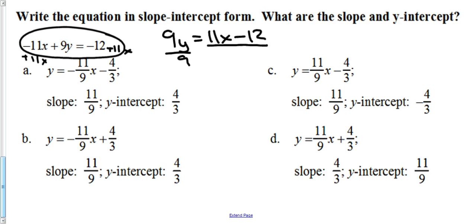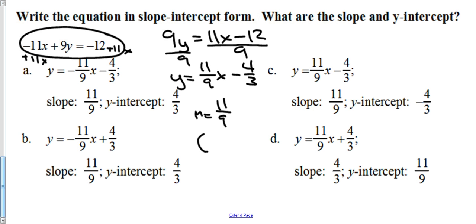Divide both sides by 9. We would have y is equal to 11 over 9x minus 12 over 9 simplifies to 4 over 3, which makes the slope 11 over 9 and the intercept 0, negative 4/3, which is C.